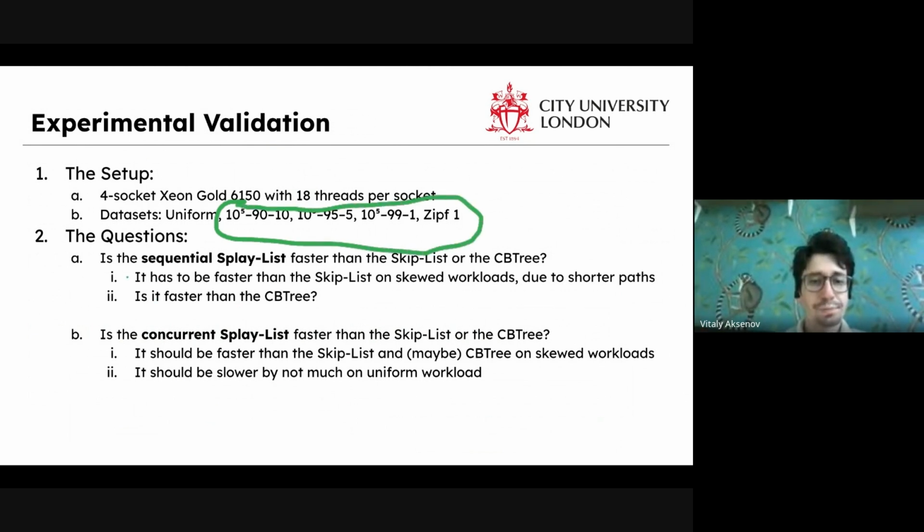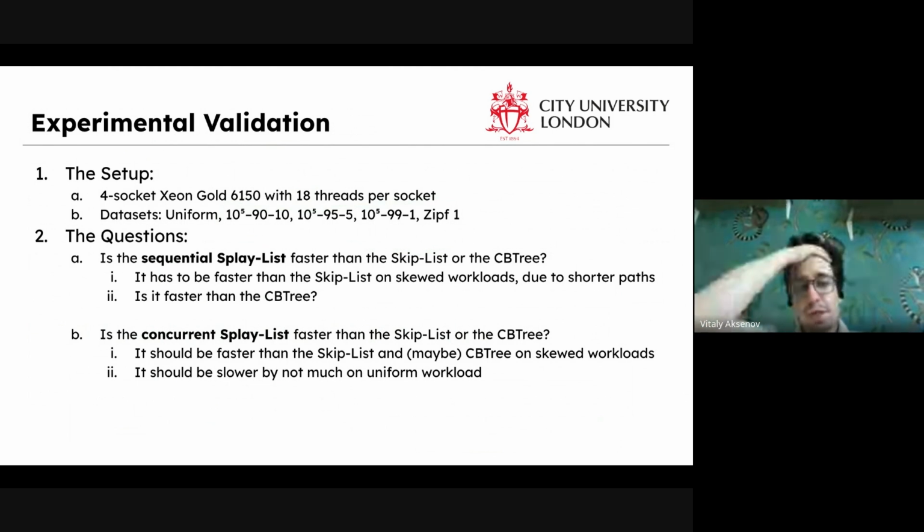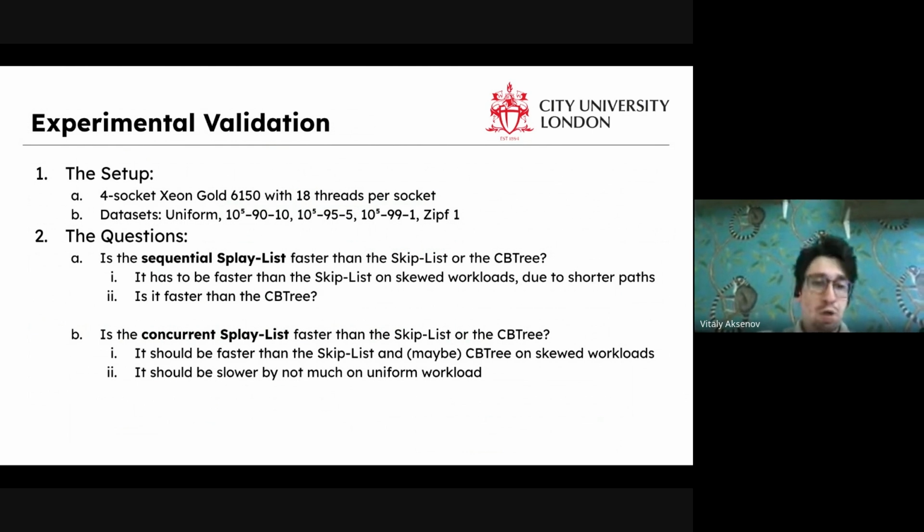Usually concurrent data structures, concurrent indices, are tested on uniform workloads, such as YCSB, TPCC, and so on. Sometimes there are Zipf distributions, but not always. So we decided to show that our data structure indeed adjusts to the workload.